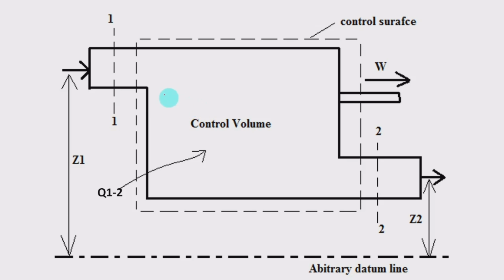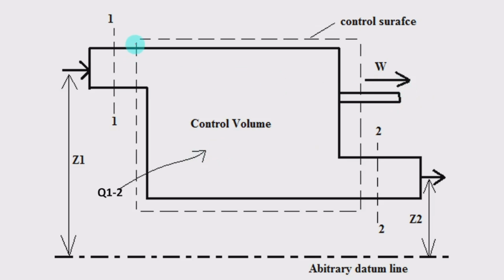So the energy contained at section 1 at the inlet is to be equated with the energy at section 2 at the outlet. And here Q1 to 2 amount of heat is entering the control volume and W amount of work output is produced.